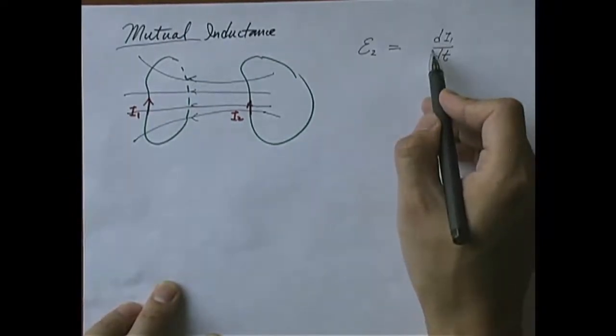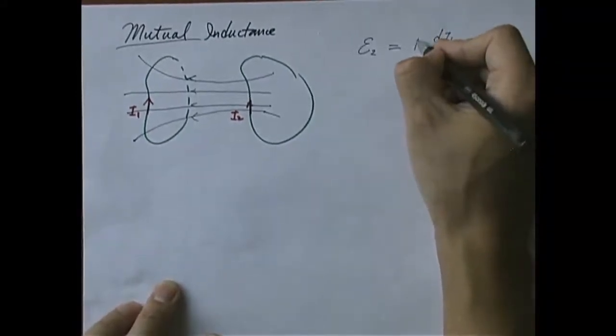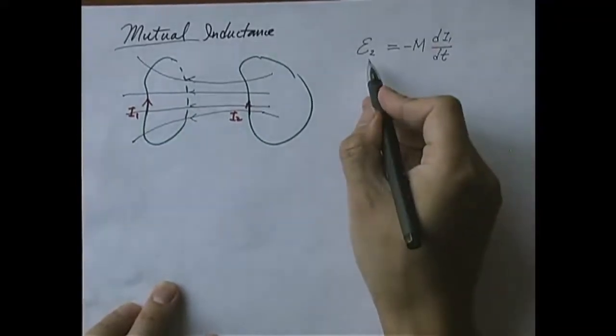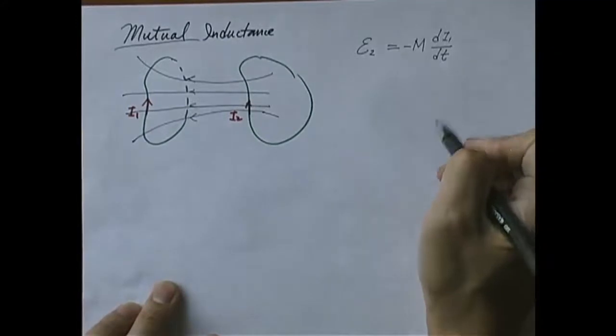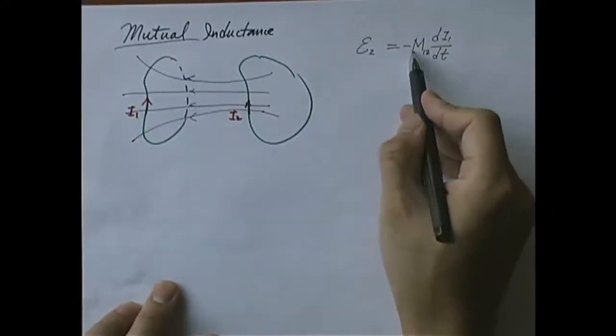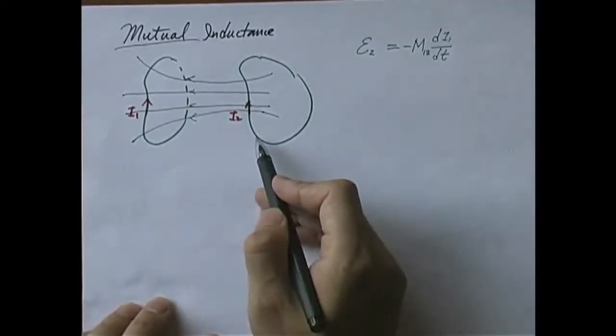It's not L. L is self-inductance, right? This is I1, not I2, so I'm going to put M. M stands for mutual inductance. Put a negative sign indicating the direction of epsilon 2 is always against the change in I1. Okay, I put 1 to 2 here. This is the mutual inductance caused by loop 1 on loop 2.